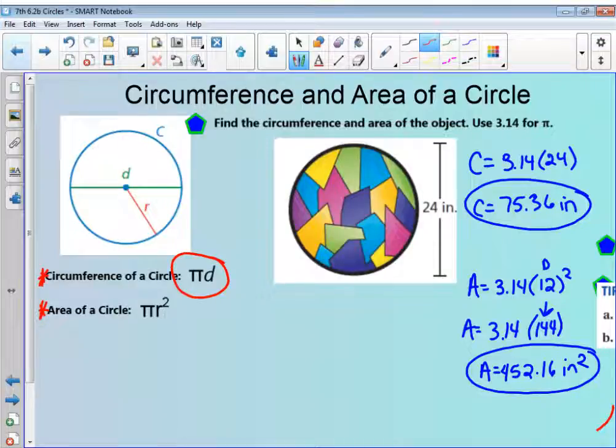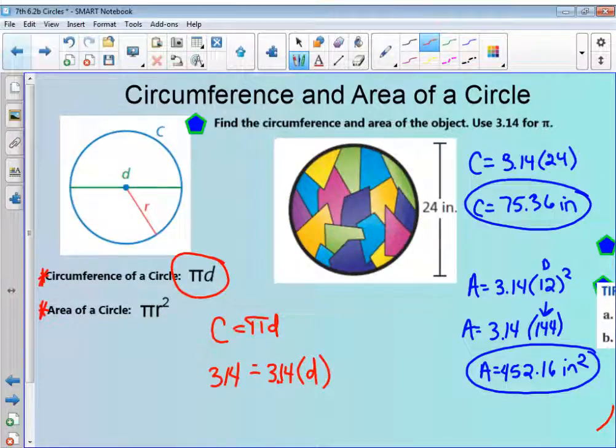For example, if I had circumference equals pi times diameter, let's say they wanted me to find the diameter on a circle that had a circumference of 314. I'm going to plug in the circumference. That's what I know. I know pi is 3.14, and I know that it's times d.